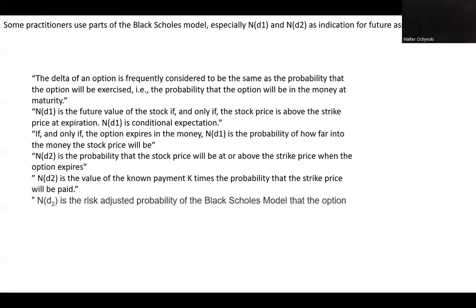You will find many explanations of what Nd1 and Nd2 mean. You see here a couple of possible explanations on this slide. I am not going to analyze these different interpretations of Nd1 and Nd2.